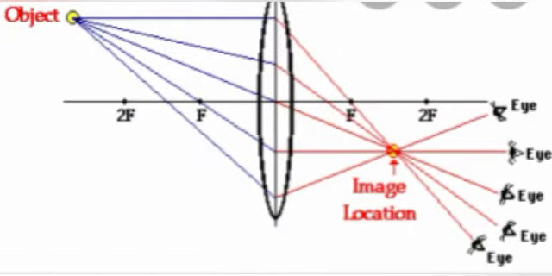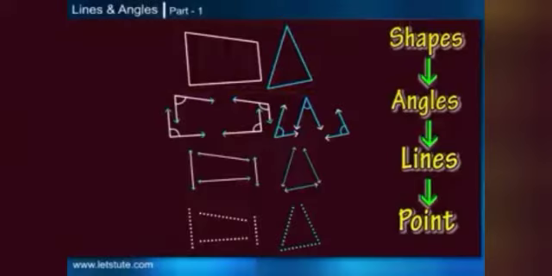In science, we study the properties of light by drawing ray diagrams. To study the refraction property of light when it enters from one medium to the other medium, we use the properties of intersecting lines and parallel lines.